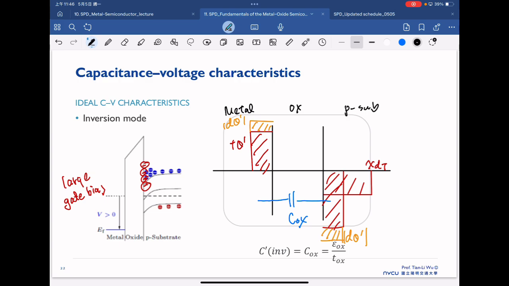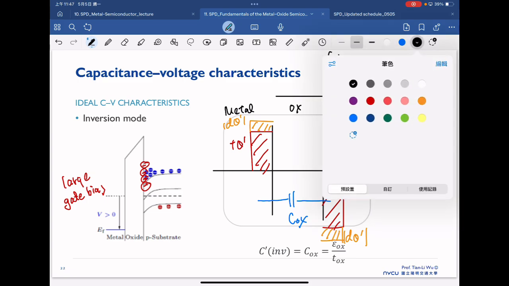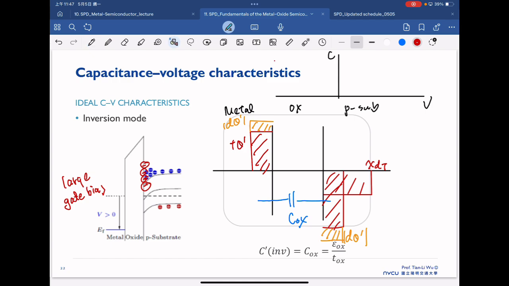So now we can complete the CV characteristic with the three different operation biases. The first one is under the negative bias, where we will form the accumulation capacitance.